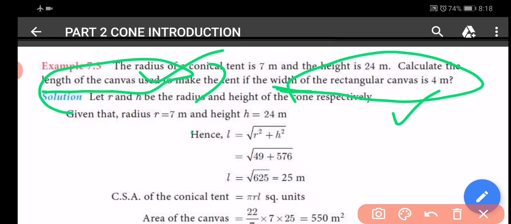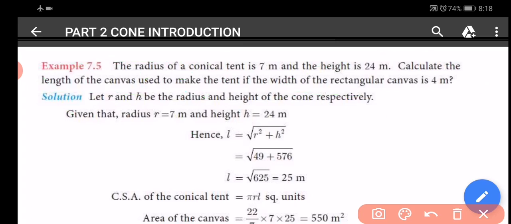So first we are going to find the slant height of the cone, because the curved surface area of the cone is pi r l square units. In the sum they have given radius and height only. Radius and height, but we want l.